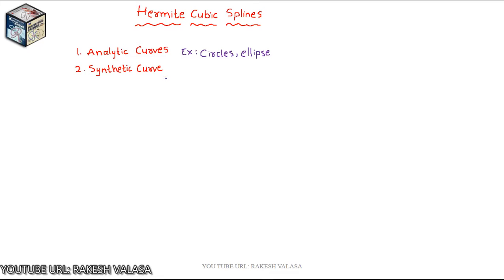In synthetic curves, the curves are formed by a set of data points. Examples are cubic splines, B spline and beta spline.